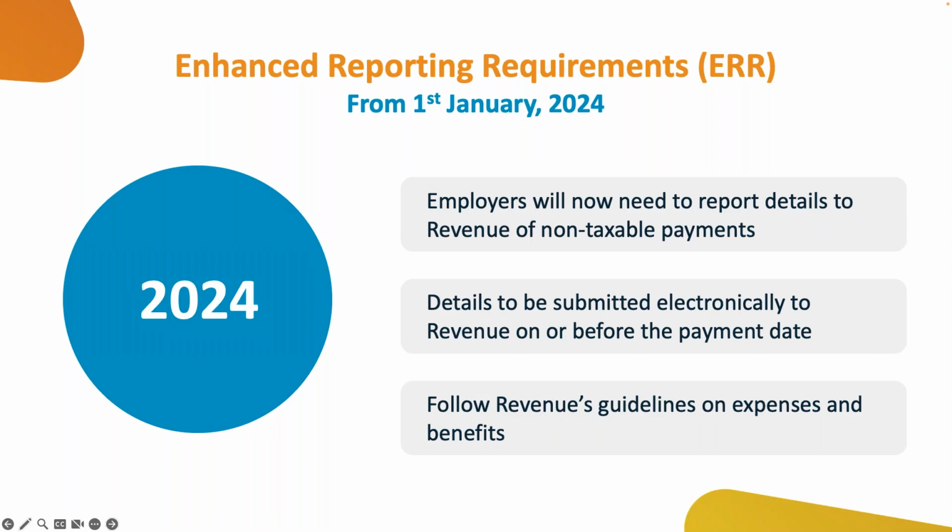The submission must be made on or before the payment date. It is important that you follow Revenue guidelines on expenses and benefits to work out whether tax needs to be deducted from these payments, as exclusions and limits apply. It should be noted that the new requirements from January 2024 represent phase 1 of E/R. Revenue has not yet indicated what will be included in future phases.